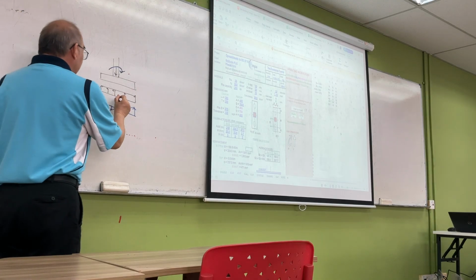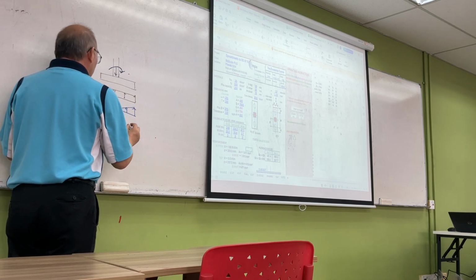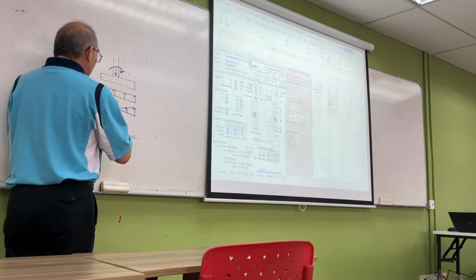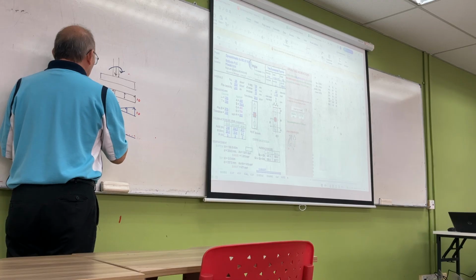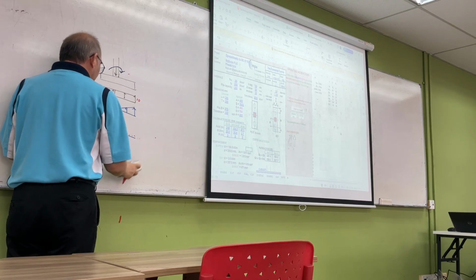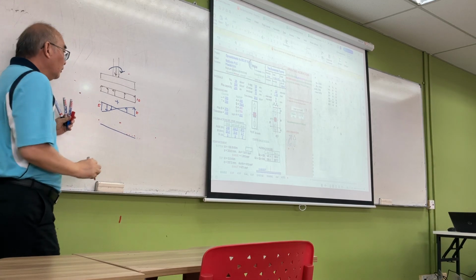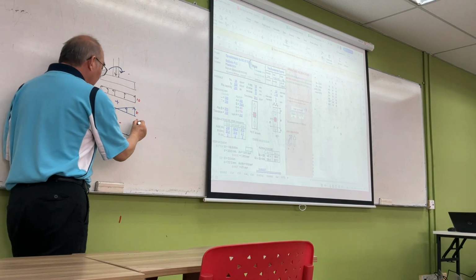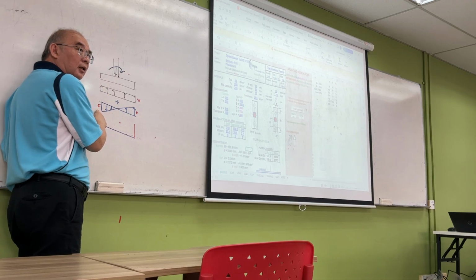So if you add these things together, let's say this is 10, and let's say this is 5, and this is 5, right? So now your compression here will be 10 plus 5, which is 15. And over here, this is tension, so it will be 5.